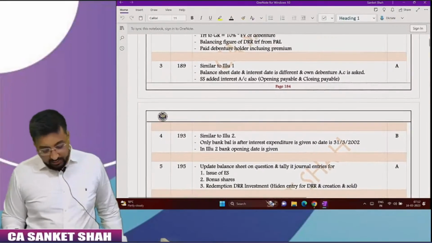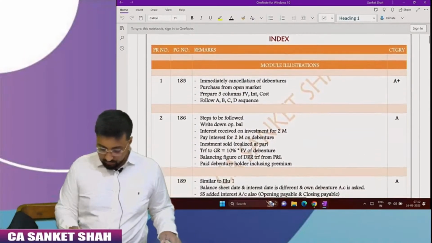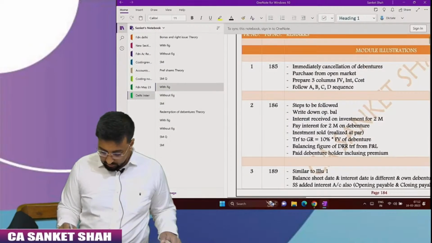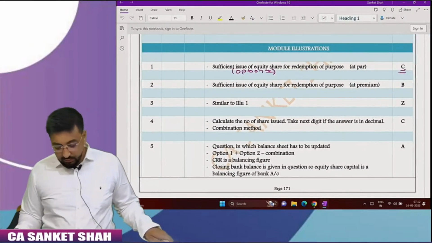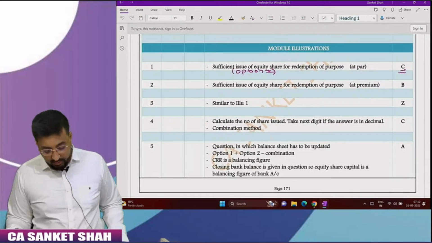This is A category question. Similar to illustration number 1, so this is a Z category question. It's not very easy, it's not very difficult.